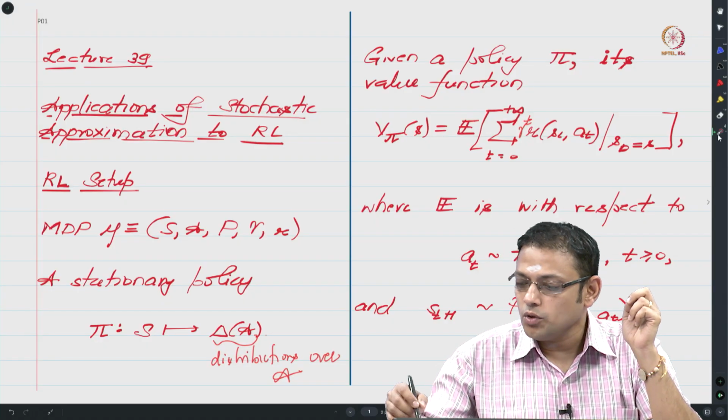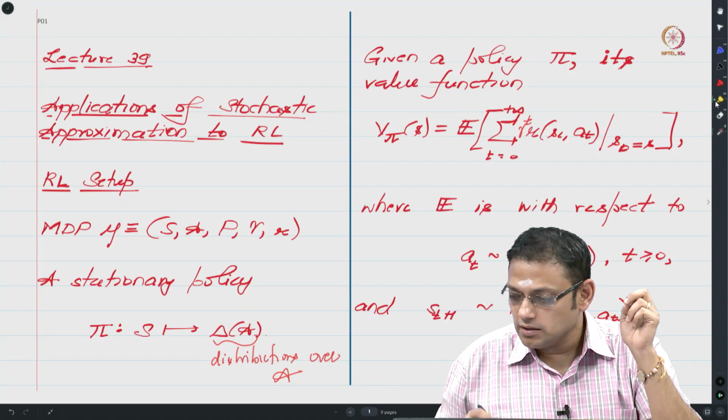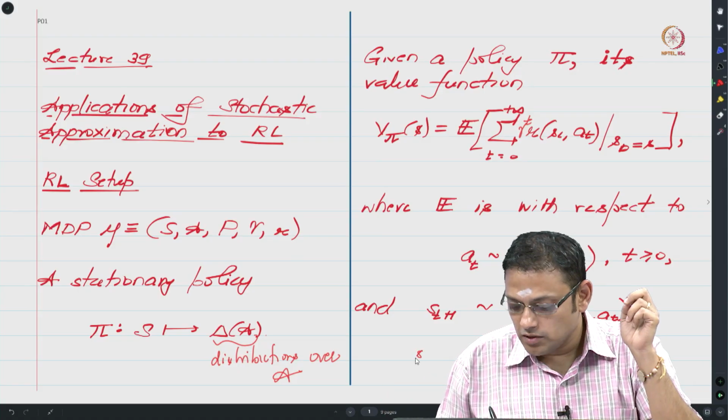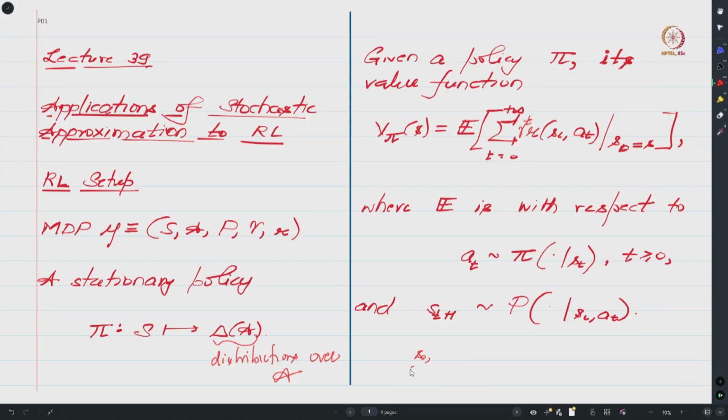So you can imagine that you start at the state s, which is also s0, so s0 equals s, right, and then you take an action a0 which is sampled according to your policy, and then you move to your state S1.